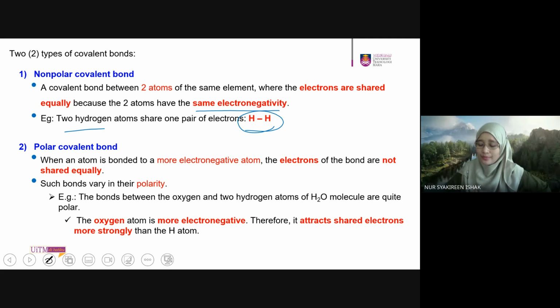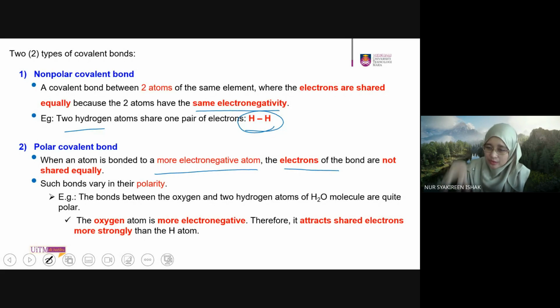The second one is the polar covalent bond. A polar covalent bond is when an atom is bonded to a more electronegative atom, and the electrons of the bond are not shared equally. In that molecule, one atom such as oxygen is more electronegative. It attracts more electrons compared to the hydrogen atom.